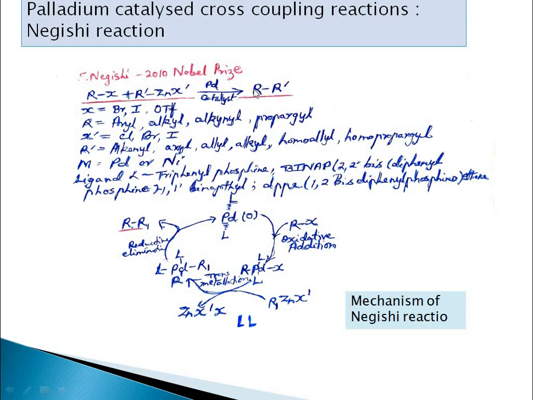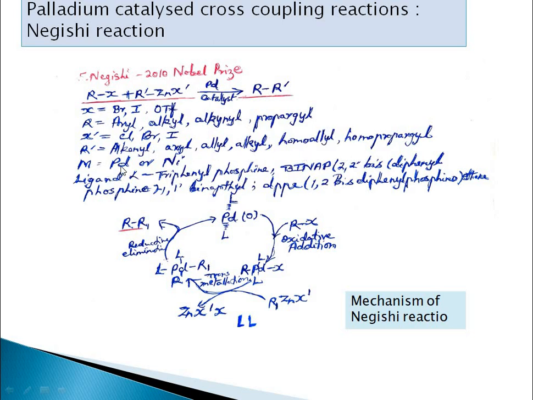So this is the reaction which is written in general: RX plus R'ZnX', palladium catalyst, and R and R' beautifully couple with each other, and new carbon-carbon bonds are generated. Very important compounds here. X can be Br, I, triflate; R can be aryl, alkyl, alkynyl or propargyl; X' can be Cl, Br, I; and R' can be alkyne, aryl, allyl, alkyl, homoallyl, homopropargyl.